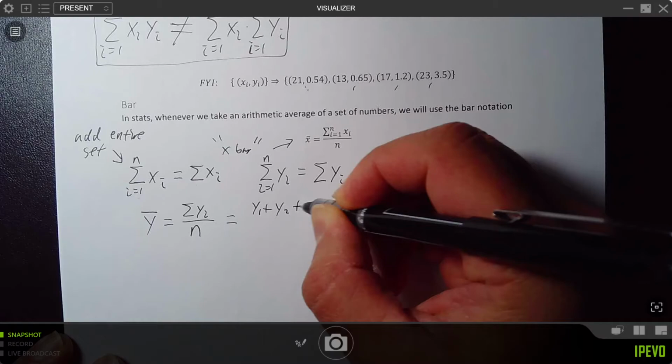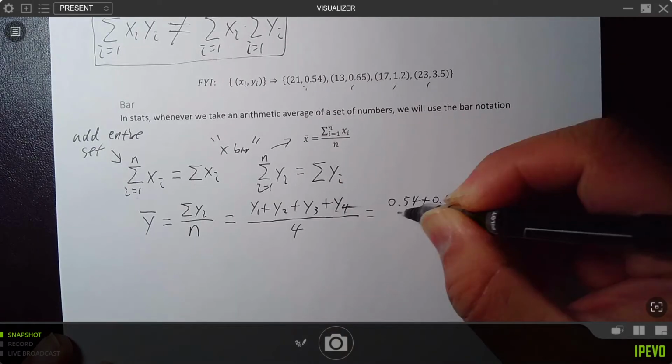Write that out. Divided by 4, and that's going to get you 1.4725. Okay, go ahead and try that in there. At this point, you're going to be using a calculator for all this work.